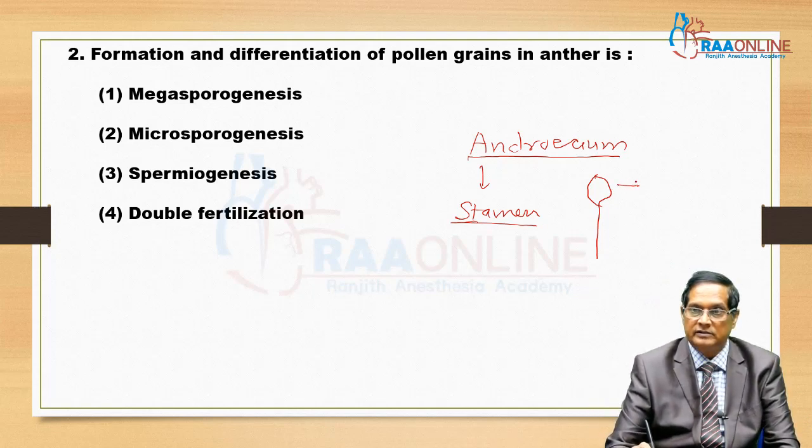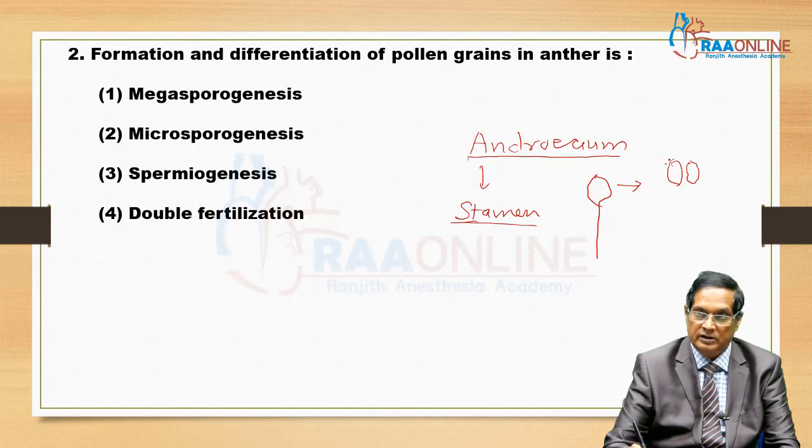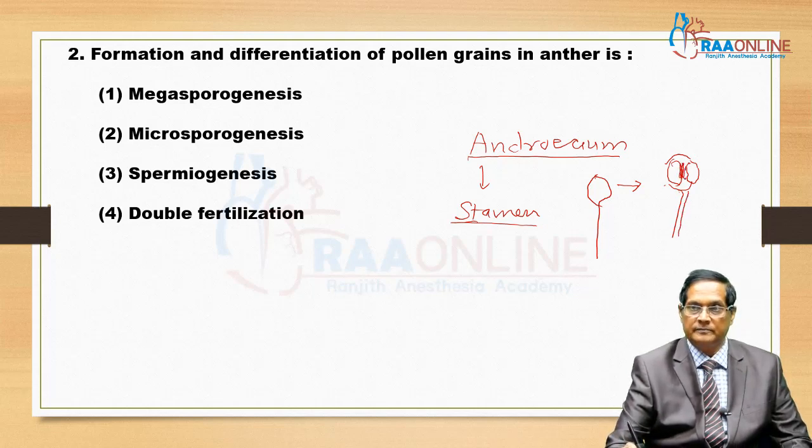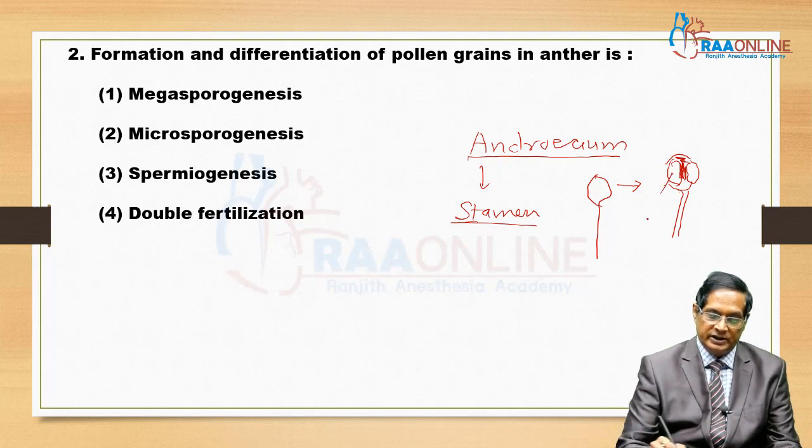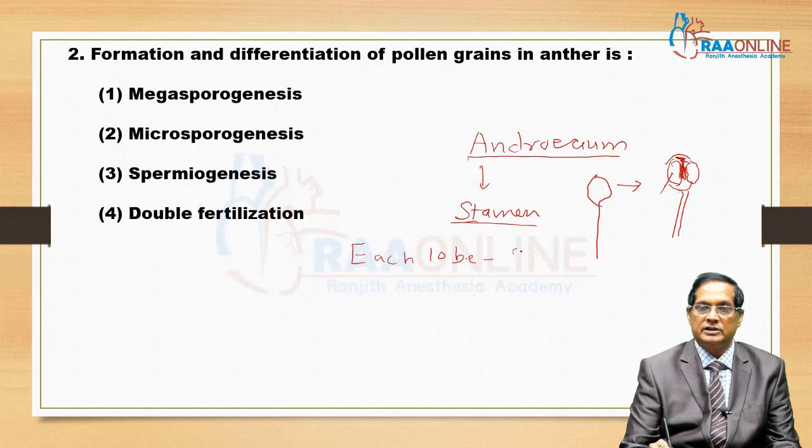The anther has 2 lobes, lobe 1 and lobe 2. The anther is bilobed, and these 2 lobes are joined together by means of the connective. Each lobe of the anther has 2 microsporangia.